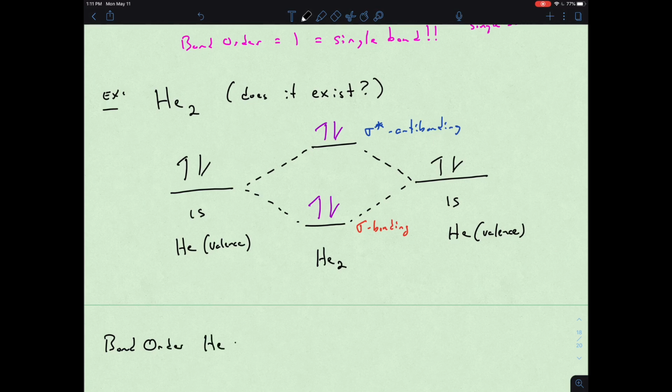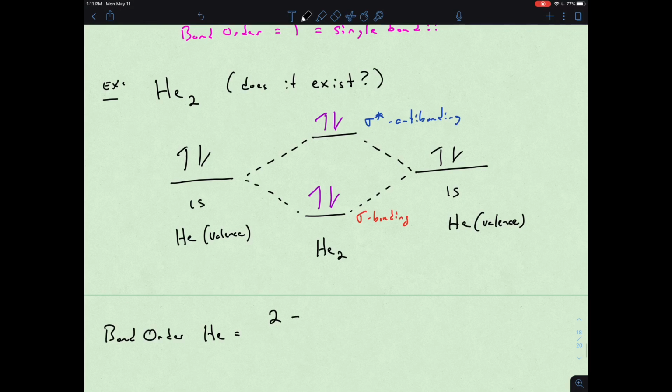So our bond order for helium would be 2 electrons in the bonding minus 2 electrons in the antibonding, divided by 2, or a bond order of 0. That means helium-2 does not exist.